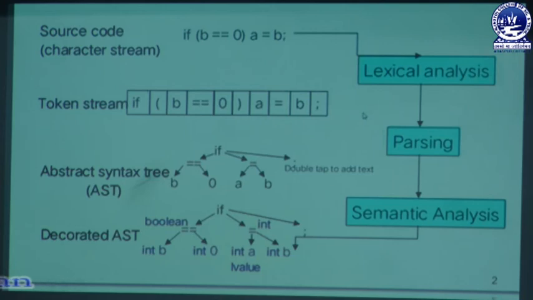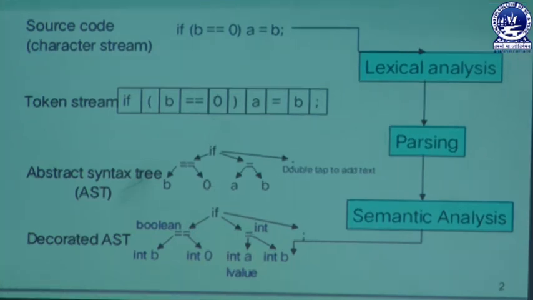Now we come to the second phase, which is syntax analysis, and in parsing, the parse tree is generated. That is, if is at the root and all the others are leaves and intermediate nodes. Here I am going to represent semantic analysis.